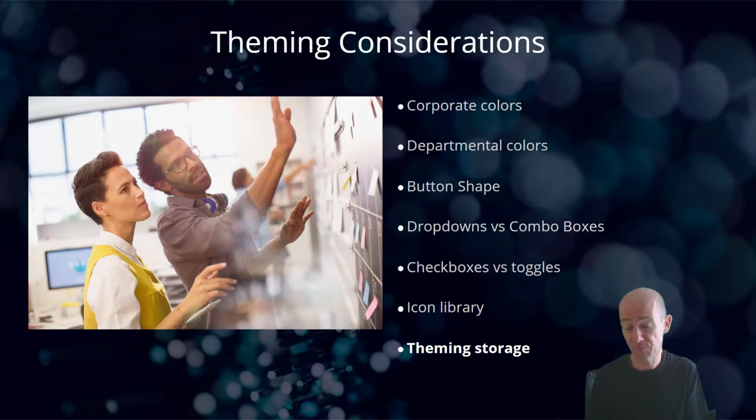And then finally there's the point about where you are going to store your themes. Now, you can do it lots of different ways. You can actually store it within the app. It's perfectly normal to do that. In fact, a lot of people don't have themes, so they don't store it anywhere at all. So quite often people will store it inside the app, but you might also consider having a data set that stores your themes.